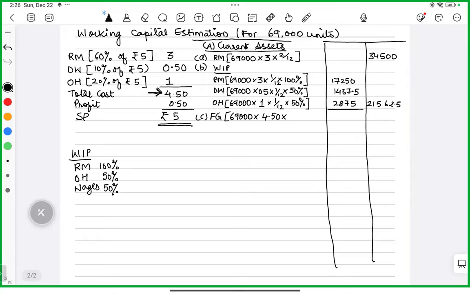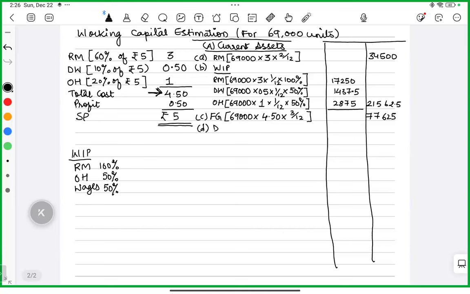So 69,000 into 4.5 will give you cost of goods sold for the whole year. For finished goods, they are in store for 3 months. So for 3 months, how much? So into 3 by 12. So 69,000 into 4.5 into 3 by 12 is 77,625.